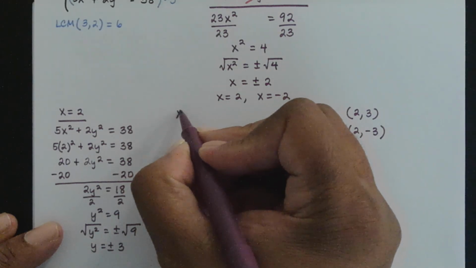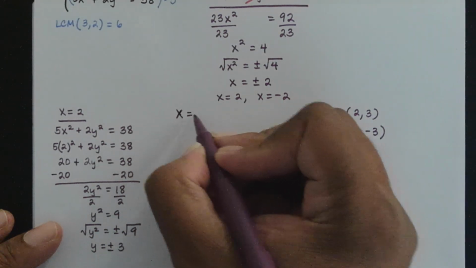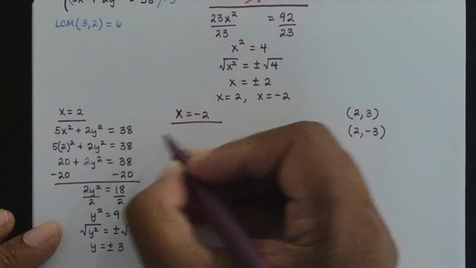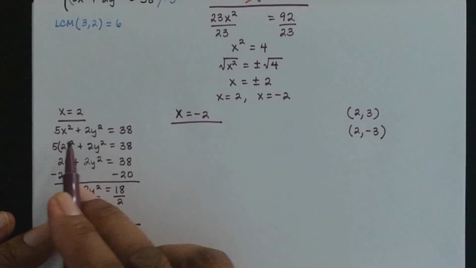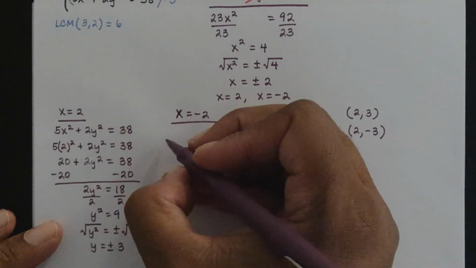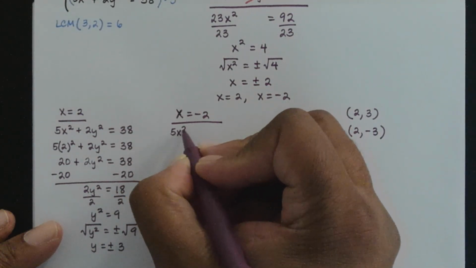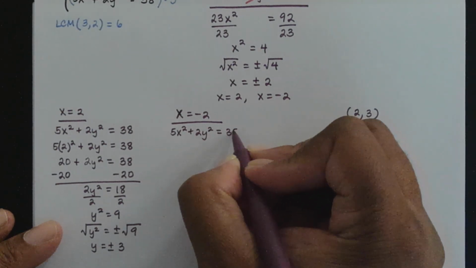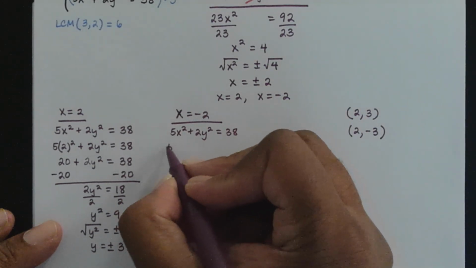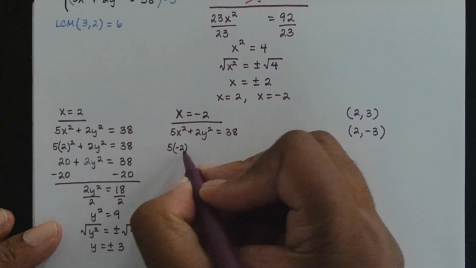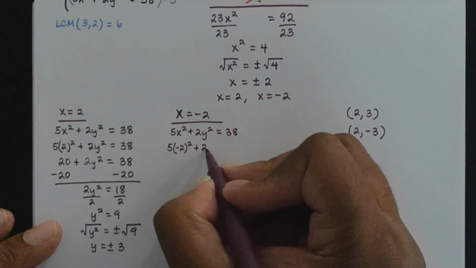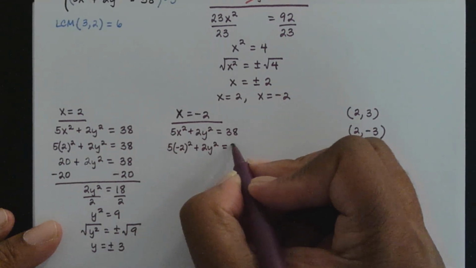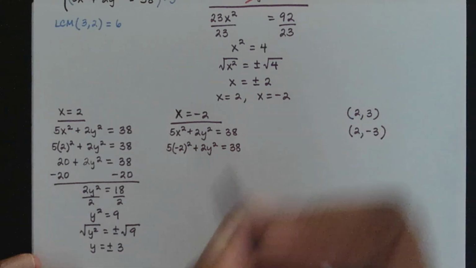Now what about for x is equal to negative 2? I'm going to use this same equation, 5x squared plus 2y squared is equal to 38. Replace the x with negative 2, so it'll be 5 times negative 2, and that's squared, plus 2y squared equals 38.